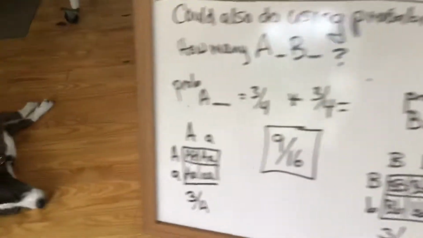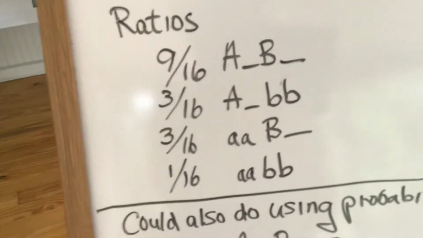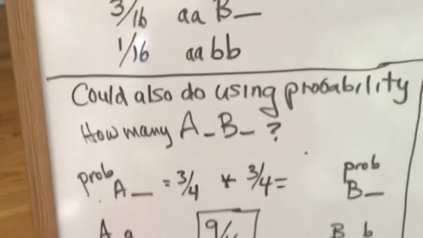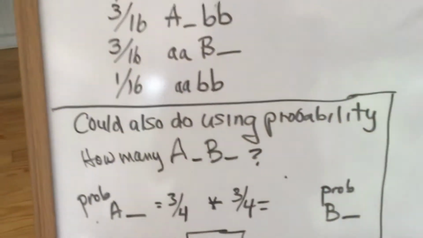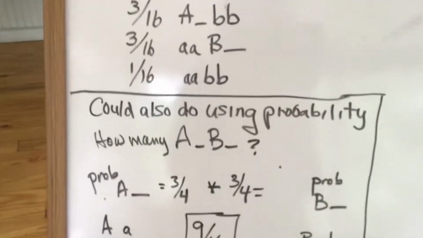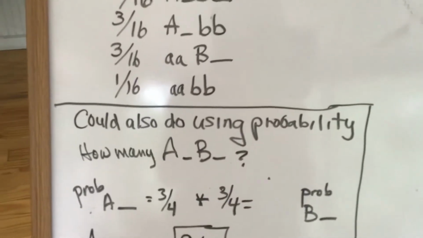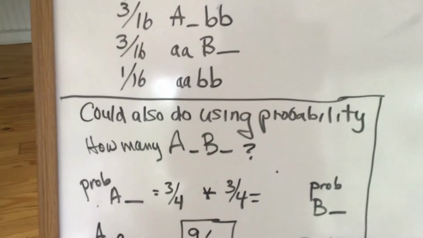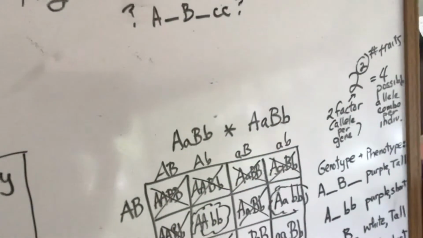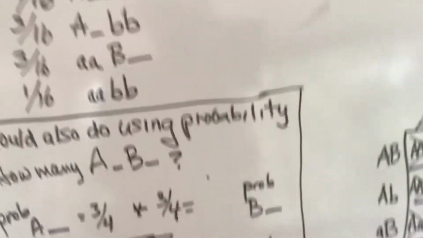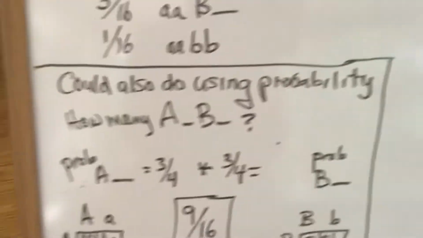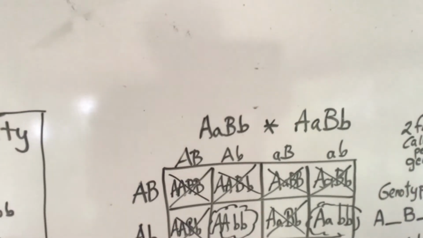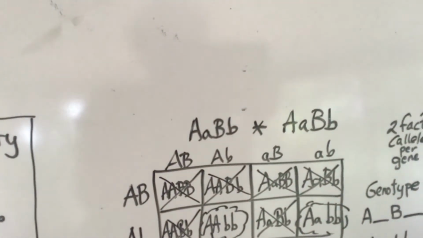Another way to figure out these ratios, besides drawing out your Punnett square, is also to do it by probability. All right, so what you do is you take the probability for each thing and multiply it. In this case, if I wanted to know how many capital A somethings, capital B somethings from this cross that we did over here, I'm going to do the probability, just considering A's at a time, of how many capital A somethings.